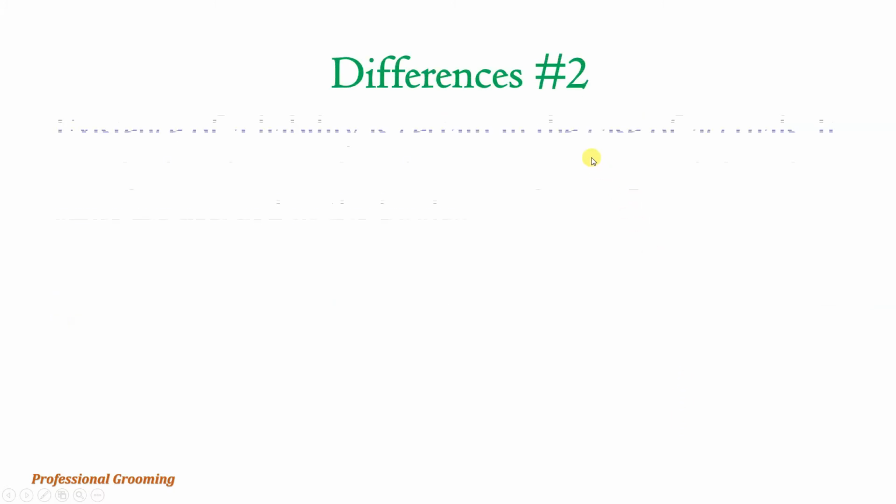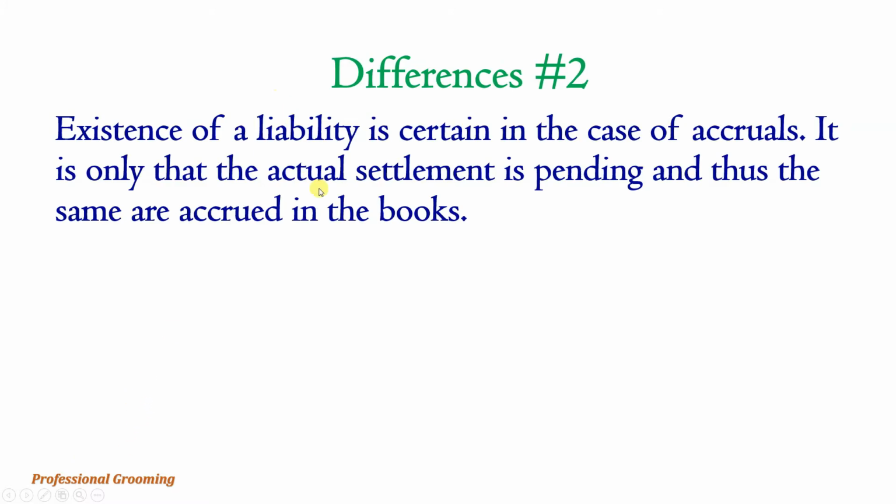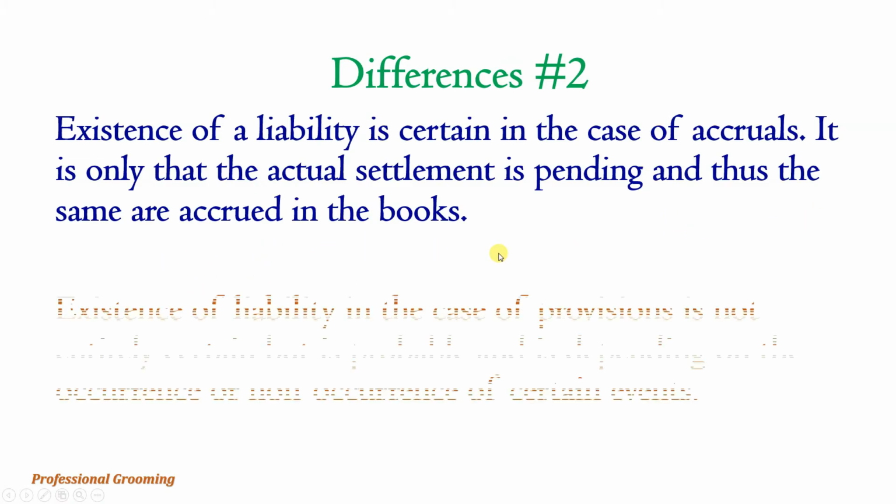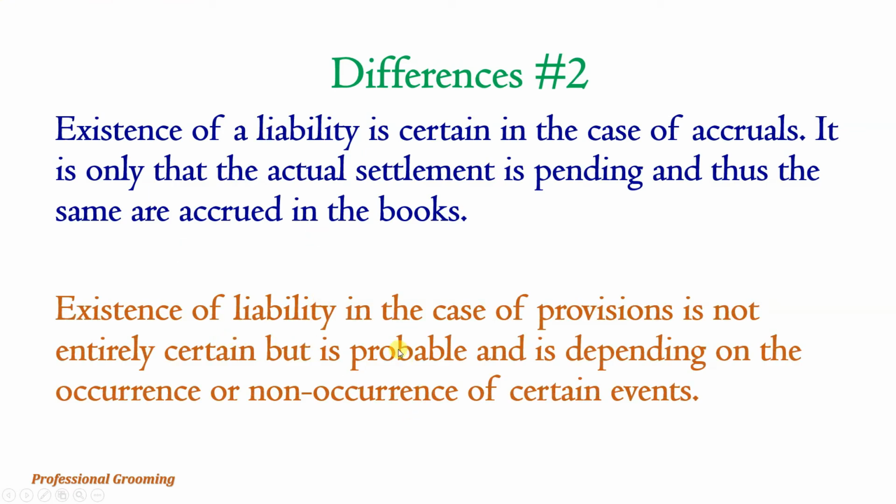Difference number 2. Existence of a liability is certain in the case of accruals. It is only that the actual settlement is pending and thus the same are accrued in the books. Existence of liability in the case of provisions is not entirely certain.